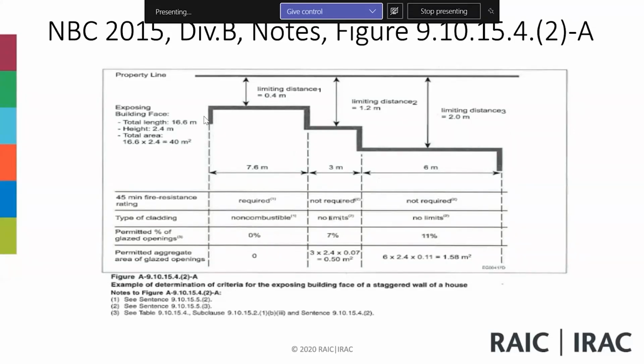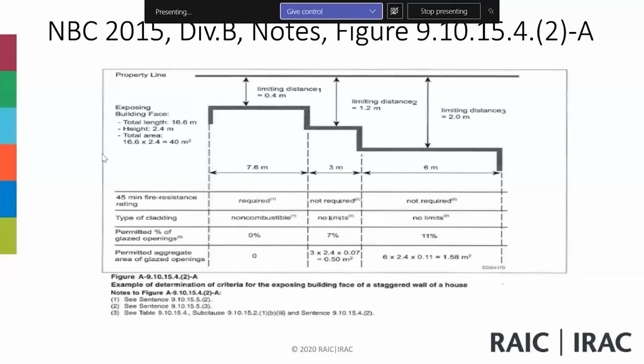Unlike other buildings, where if you have an opening here and you have your wall here and it continues, this is basically your limiting distance of 0.4, and you take that as the limiting distance for the whole wall. But for houses, even though there are no fire compartments here, you need your limiting distance for each portion.